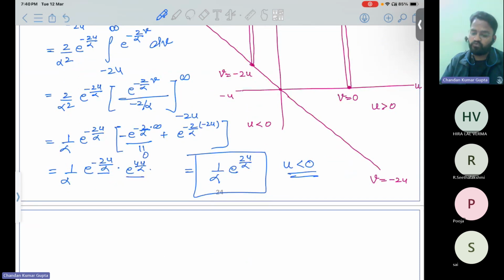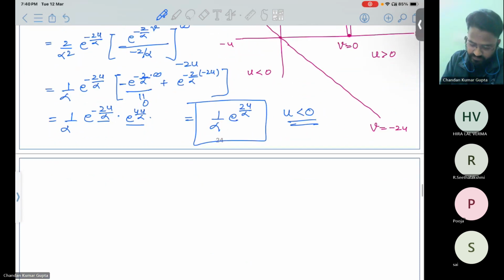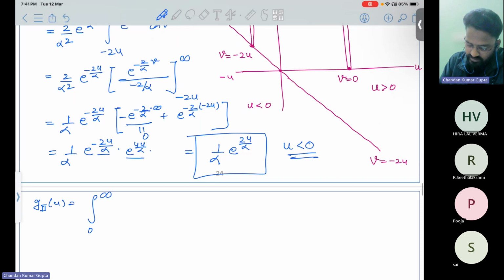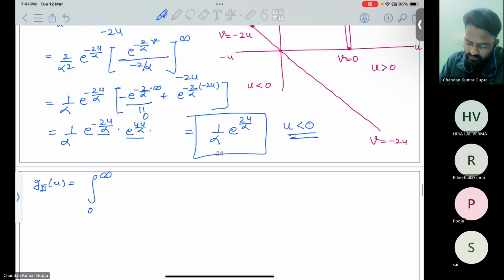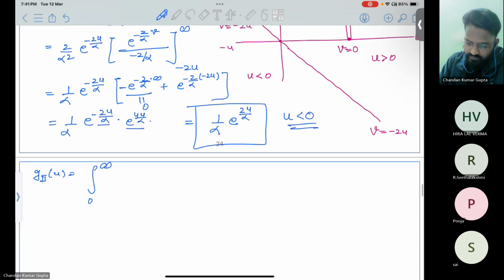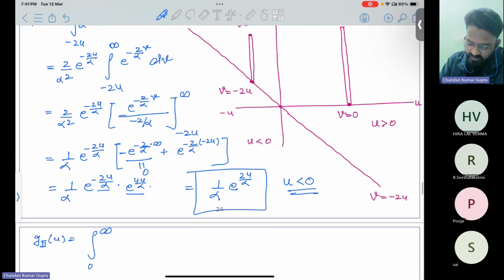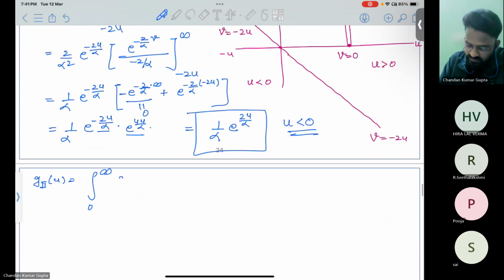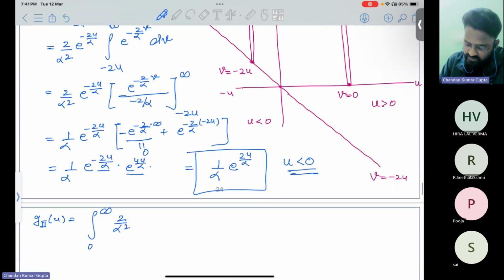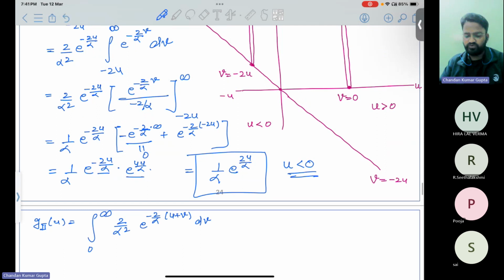Now for the second region, it is from 0 to infinity, 2 upon alpha square e to the power minus 2 by alpha (u plus v) dv. So we have got the same kind of result.